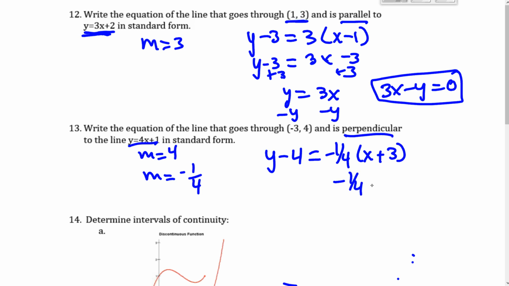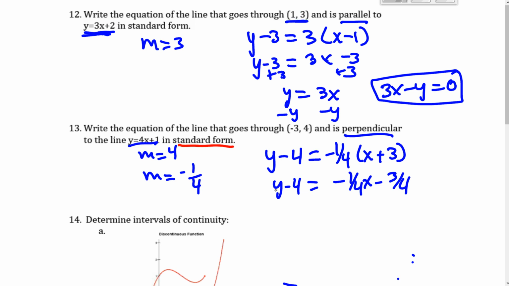Distribute that. And we want this in standard form, so we want to get rid of these fractions. I could distribute this if I wanted to, but I don't really need to right at the beginning. What I can do is just multiply everything by 4, because that's my denominator here on my slope. If I multiply both sides of my equation by 4, it will get rid of that denominator, and then I don't have any fractions, because I can't have fractions in standard form.